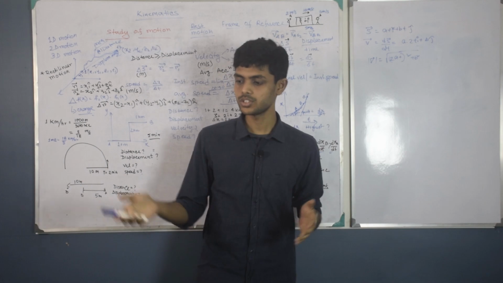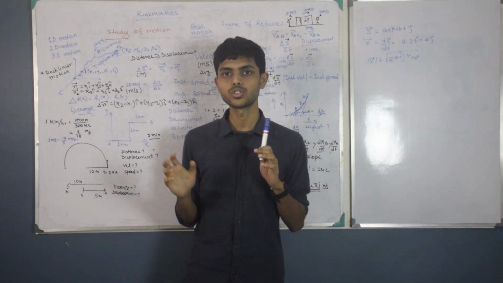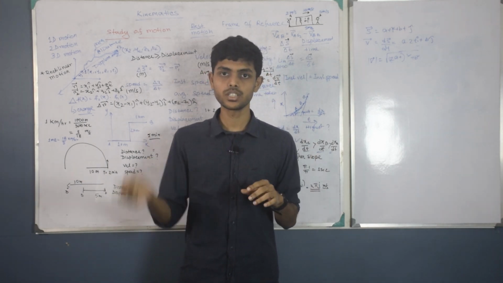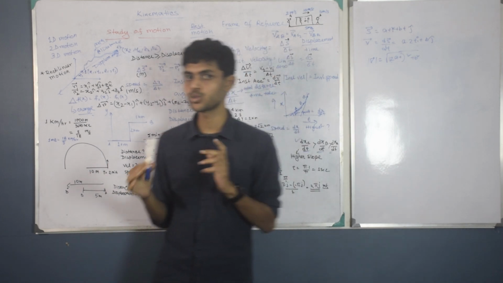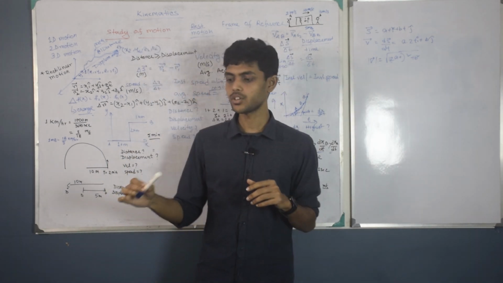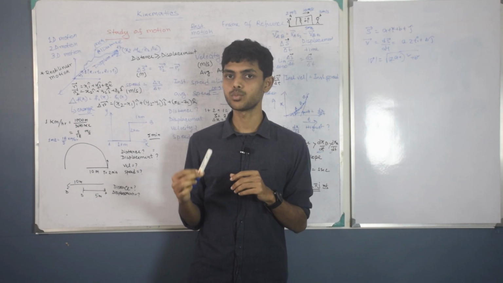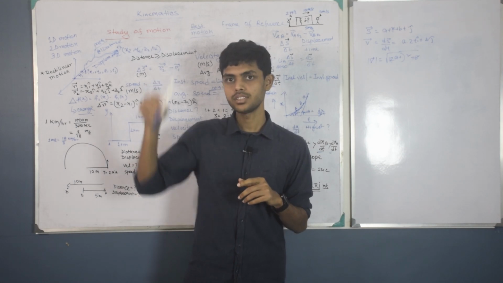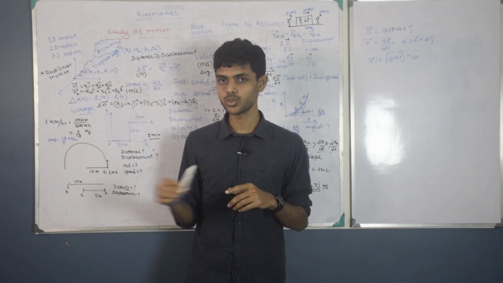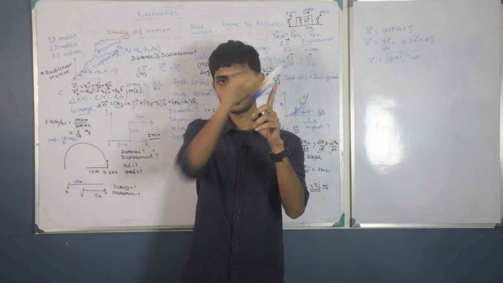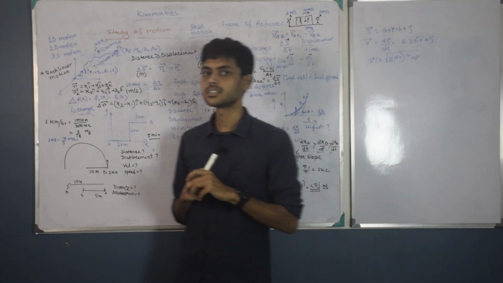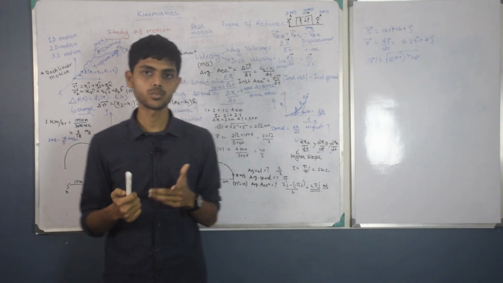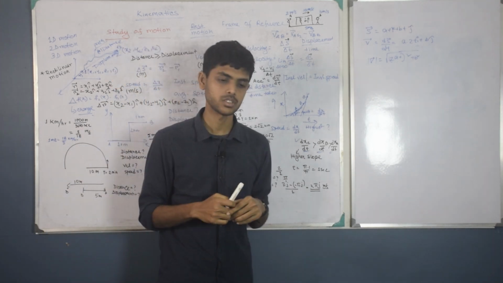Like if I throw this object here, this is a 2D motion, and we need both x and y coordinates to figure out this motion. But if the object is moving like this, it is actually 2D, with y and x, but we can just assume an axis in this direction, and then we get one-dimensional motion.